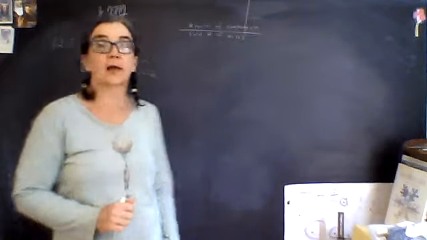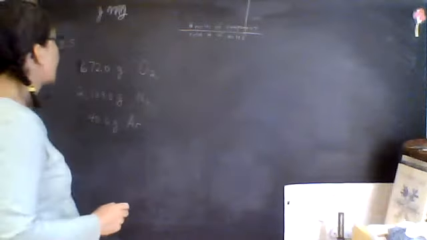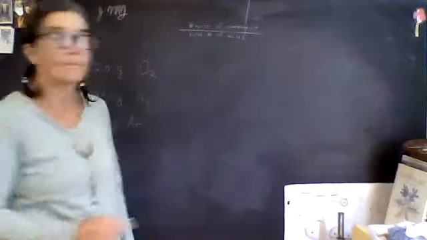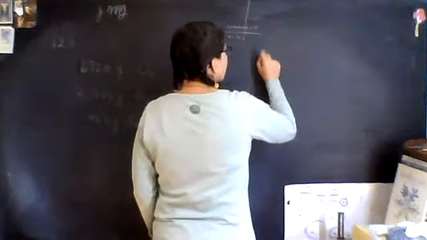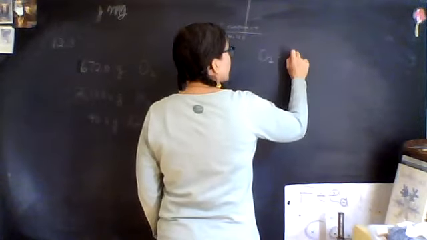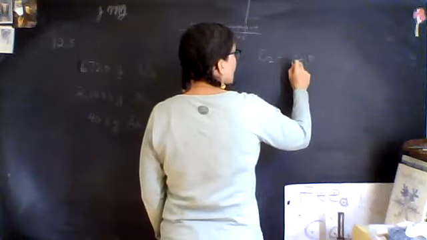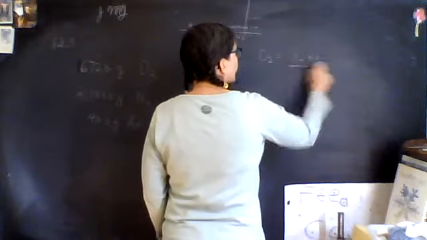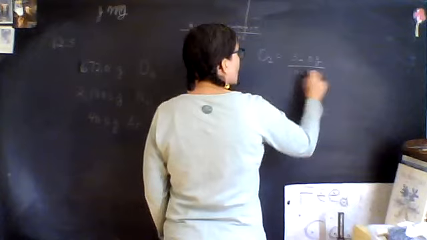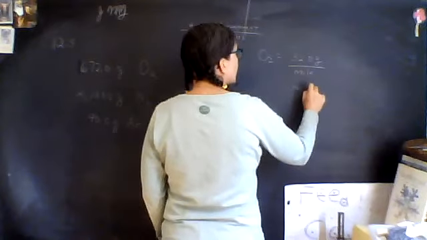Let's figure out how many moles of oxygen we have. Oxygen is 16.0 AMU, so O2 is 32.0 grams per mole, right?